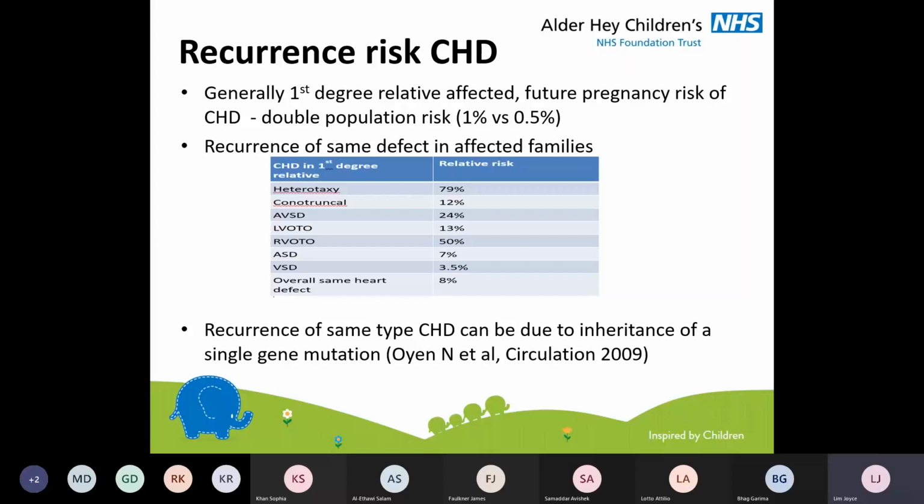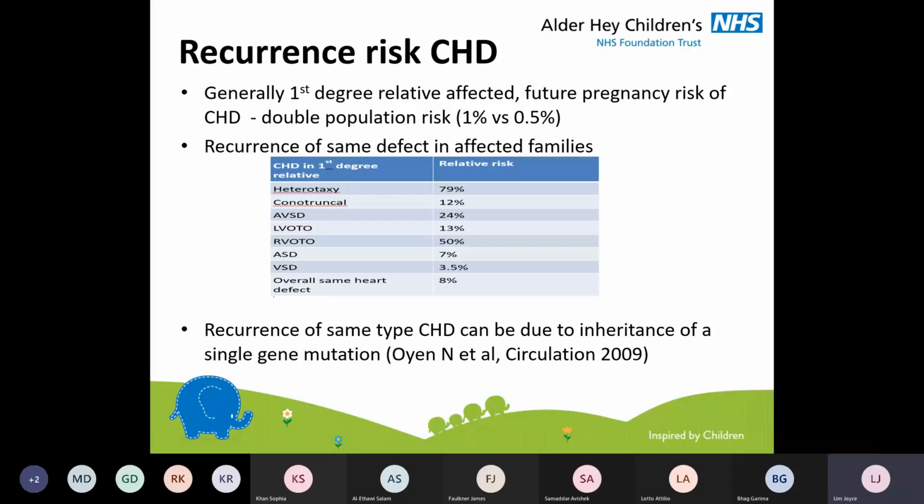What about recurrence of the same defect in affected families? Well, with increasing genetics and microarray that is being done, it's becoming more clear that actually the recurrence of the same defects is more common than you think, especially things like heterotaxy or isomerisms in studies in the East, where it is more prevalent, for example, in Taiwan and in Asia.